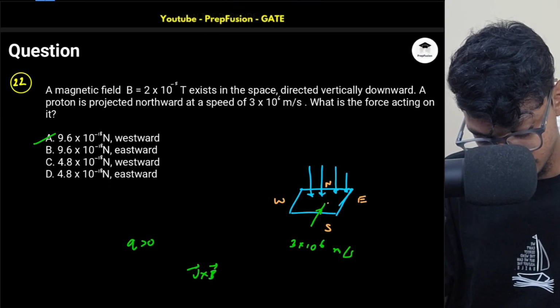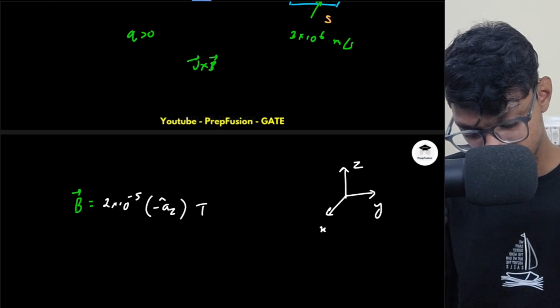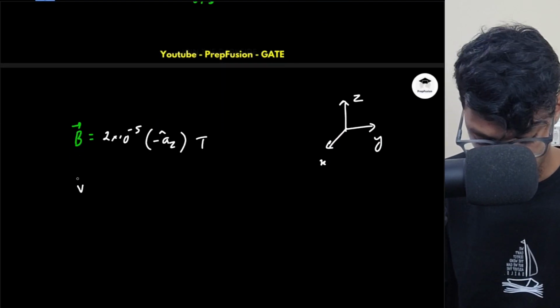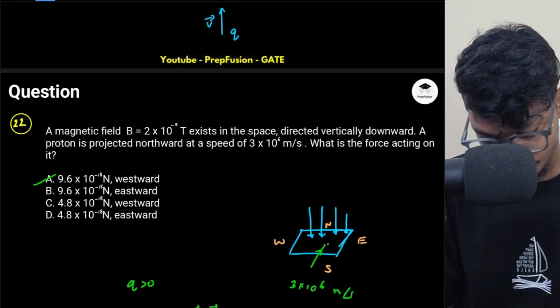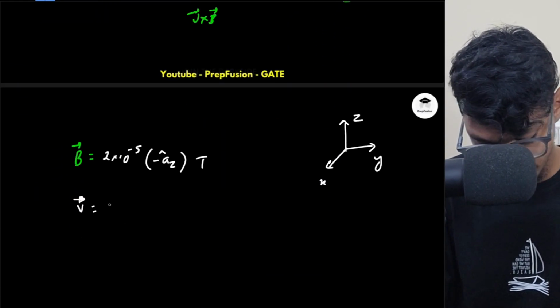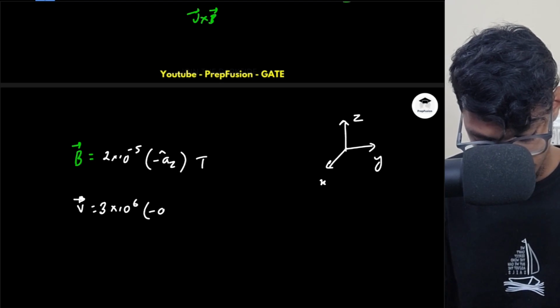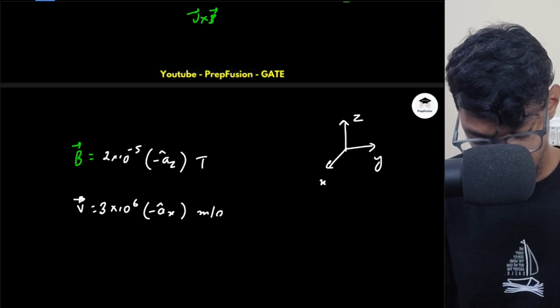What about the other things? Velocity is projected northward, so it is in the AX cap direction. So V is 3 into 10 raised to power 6 in the AX cap direction, meter per second.